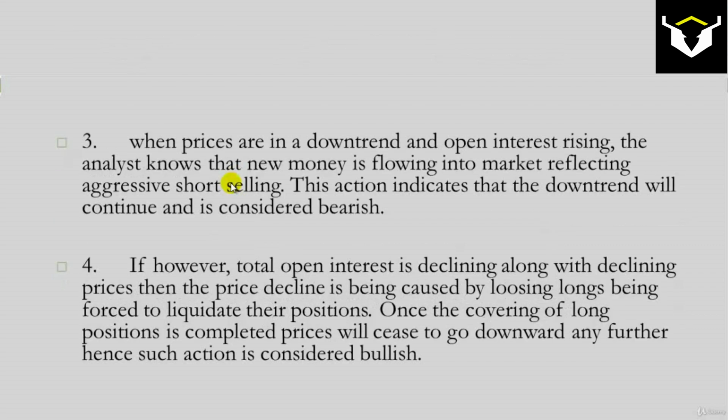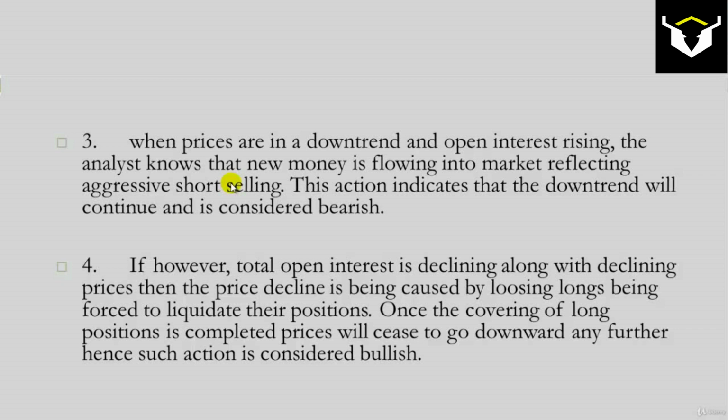The third point suggests when prices are in a downtrend and open interest is rising, the analyst knows new money is flowing into the market, reflecting aggressive short selling. So this is an important point. When prices are in a downtrend, prices are falling and open interest is increasing.